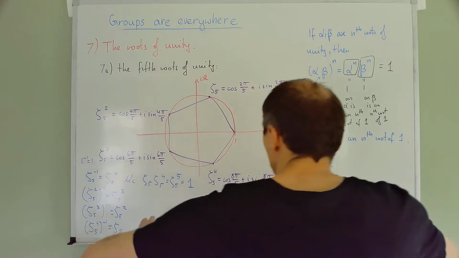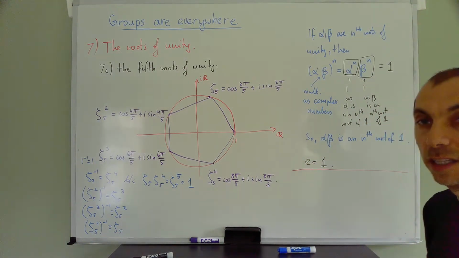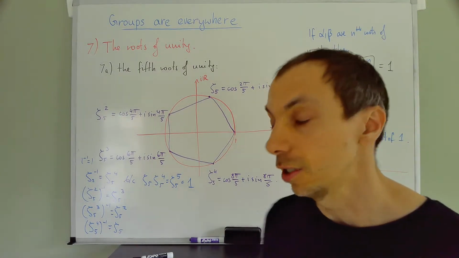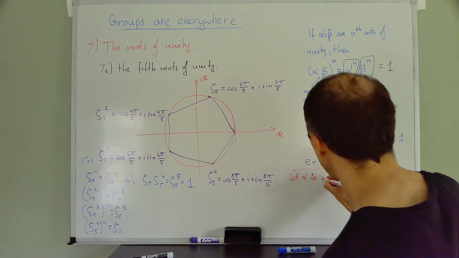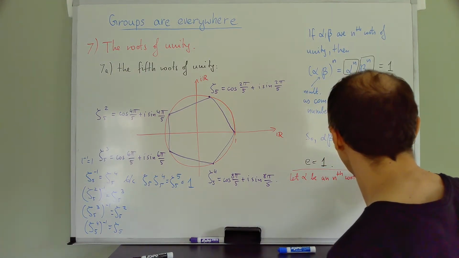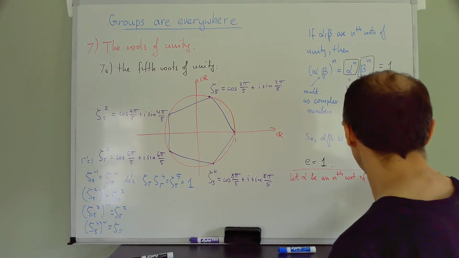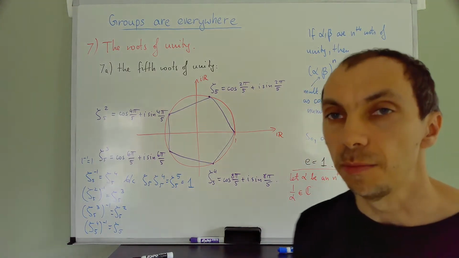But more generally, I can also prove that any nth root of unity has an inverse which is an nth root of unity. So let alpha be an nth root of unity. Consider 1 over alpha as a complex number.